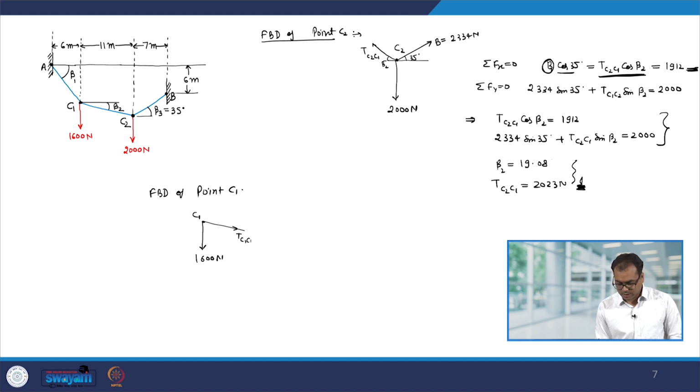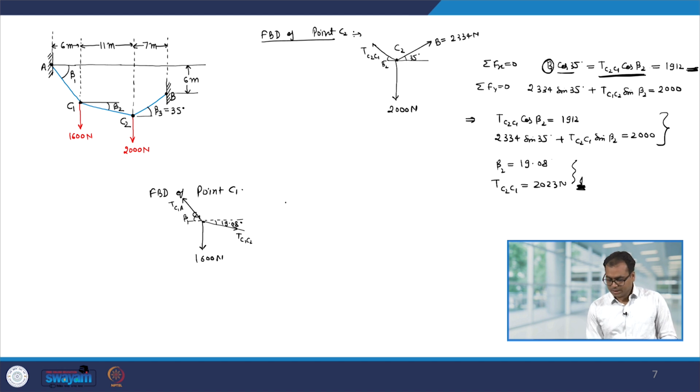So, T C1 C2, and I know at what direction it is acting because I found out what is beta 2. This is 19.08 degree, and then you have a force which is acting in A direction. So, it is from C1 to A, and this angle is beta 1. So, this completes the free body diagram of point C1.